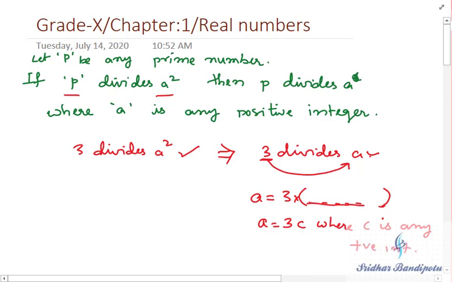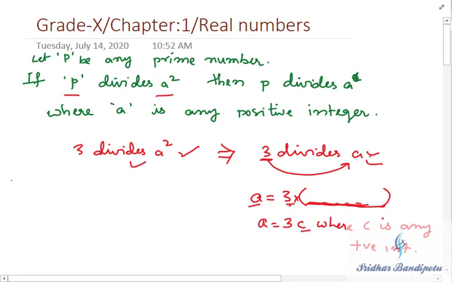If 3 divides a square, then you are allowed to write 3 divides a, which means 3 is one of the factors in the prime factorization of a. So a can be written as 3 into the product of the remaining prime numbers, which I am taking as c. So a equals 3c.